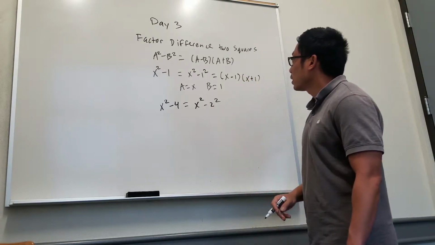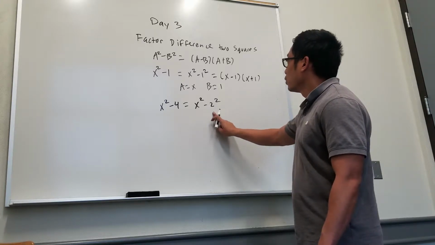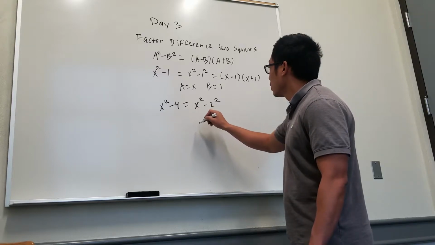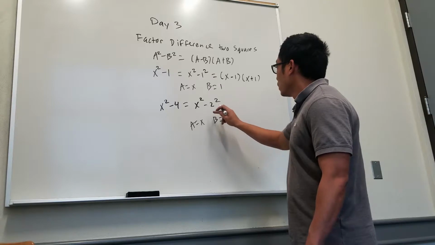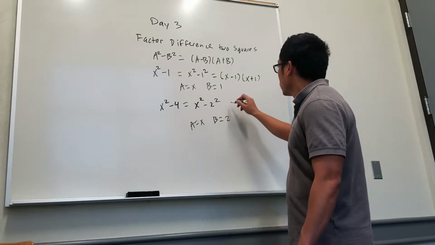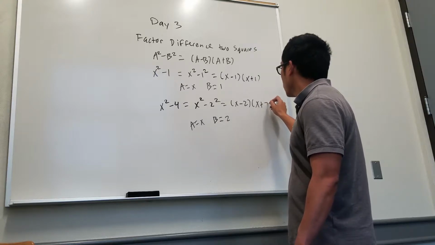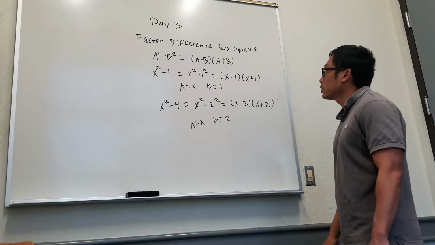Because that's our goal, to get that for factors of difference of 2 squares. So in this case, if I factor this, a is equal to x, b is equal to what? Not negative 2, right? 2. So in this one, it's just going to be x minus 2, x plus 2, right? That's it. That's factor difference of 2 squares.